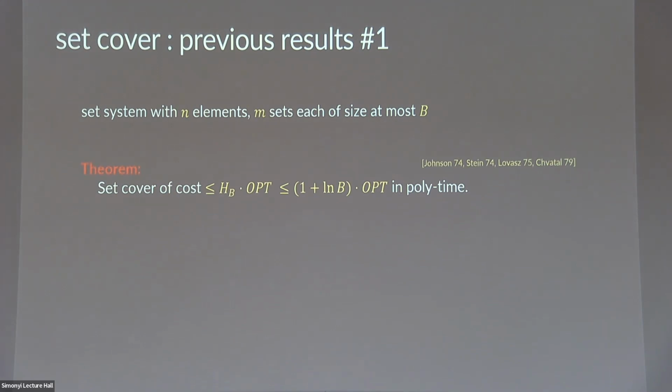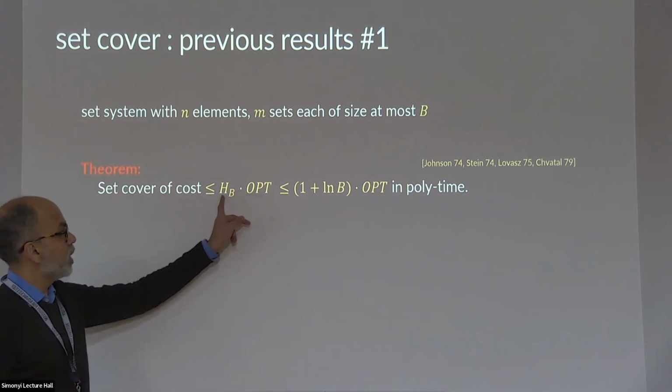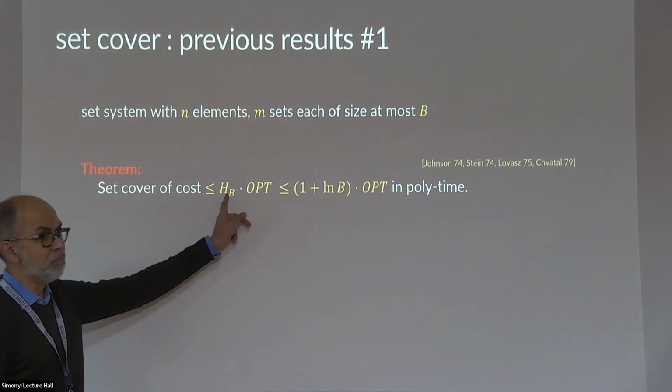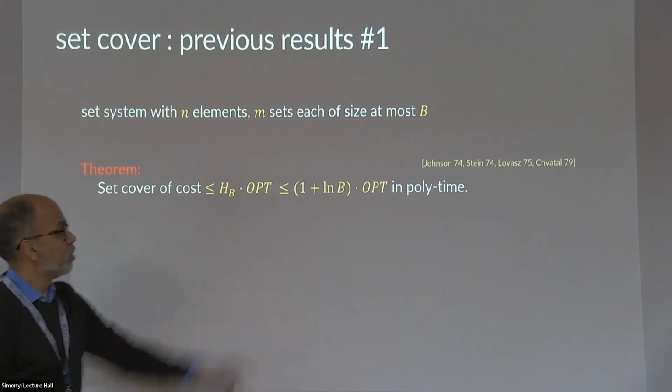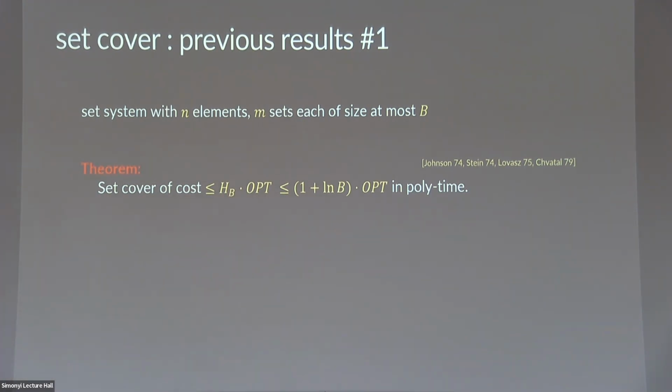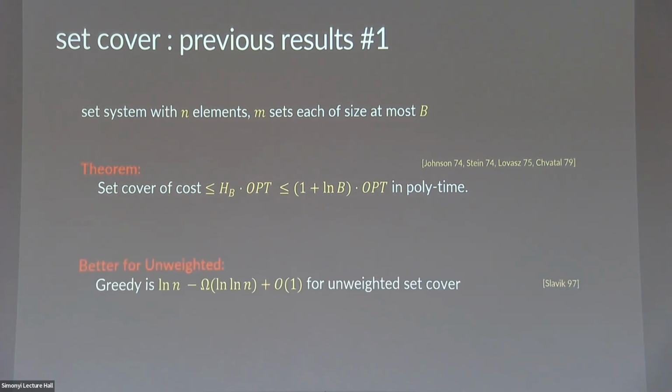We know logarithmic approximations. We know essentially H(b) times opt, where opt is the size of the optimal set cover, or the weight of the optimal set cover. I know how to approximate this up to a factor of H(b). The problem is NP-hard, and this is the best approximation we know.